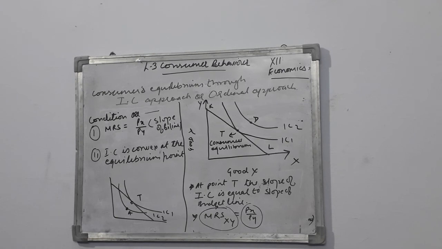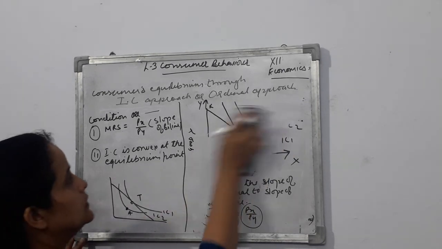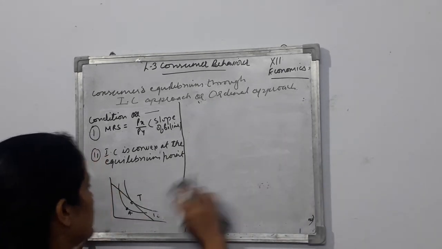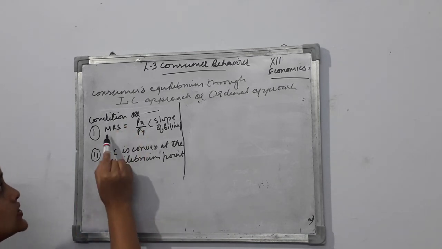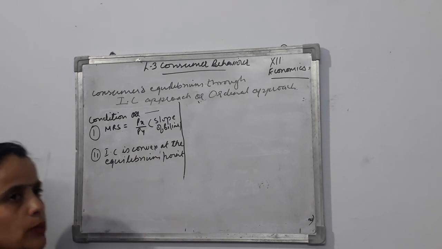Right, children? So, to make you understand it once again, I'll just draw it once again. कंज्यूमर इक्विलिब्रियम की कंडीशंस कहती है that slope of MRS should be equal to px upon py.